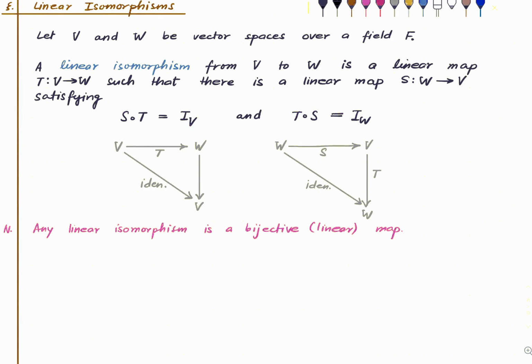But here is the point: any bijective linear map is a linear isomorphism. So bijective linear maps and linear isomorphisms are the same concept, even though I haven't defined it that way.